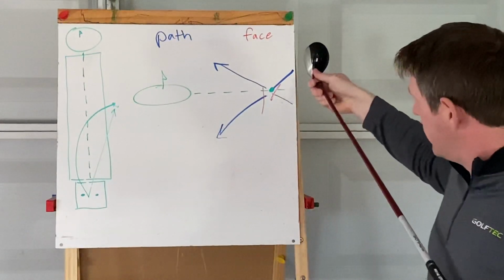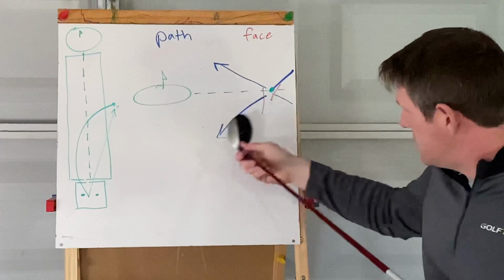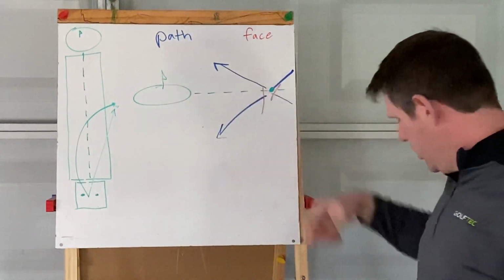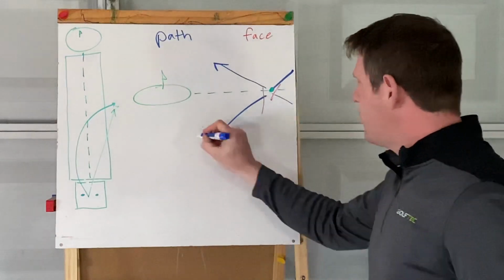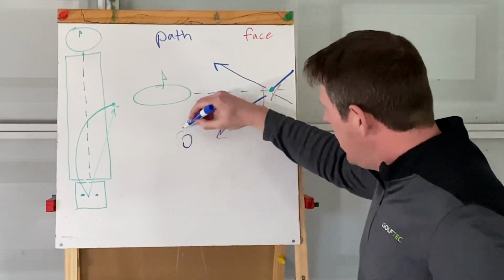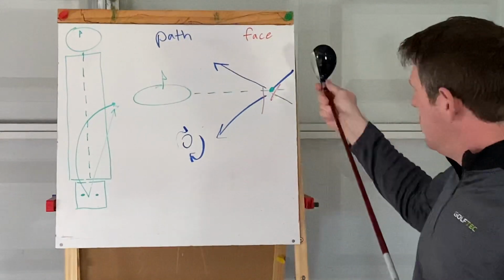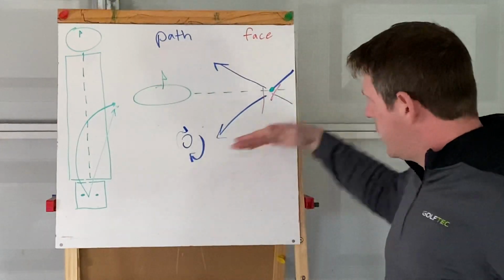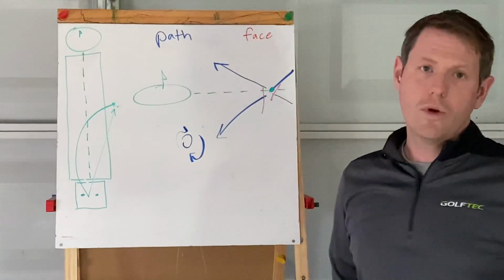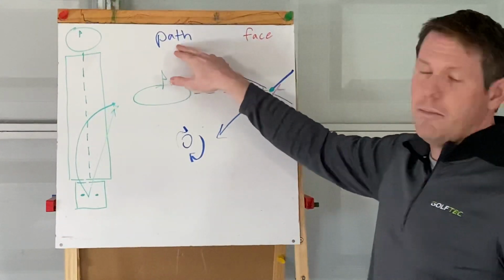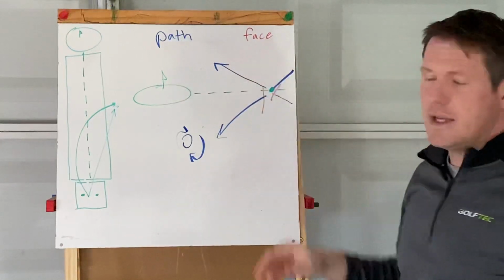The club path is moving this way, but the face is aimed that way. That's going to cause a spin on the golf ball as the ball is flying through the air right here. Now it's going to be spinning in this type of manner, like this, and that ball can then slice or curve to the right.